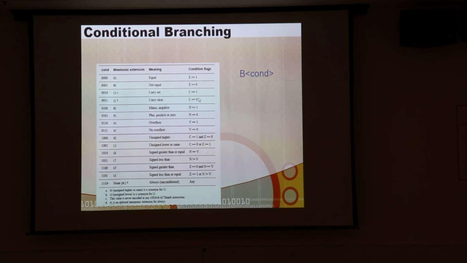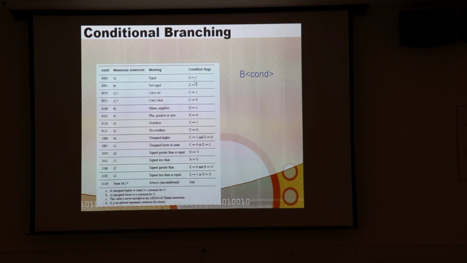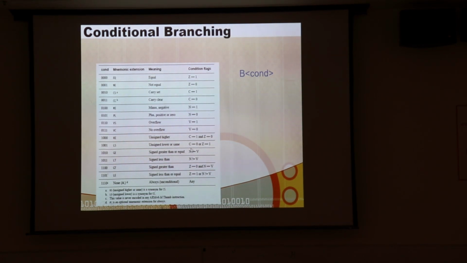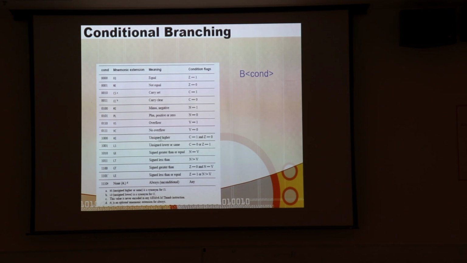Okay, so you see, for instance, for equal, it's not particularly difficult. It does a subtract and then checks that Z equals 1, which means the result was 0. So if you subtract and it's not 0, then Z will be 0, and that's consistent with not equal. But when you do greater and less than, for unsigned we don't say greater than, we say higher, and for signed we say less than and greater than.